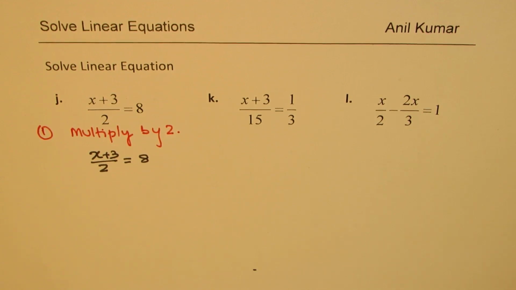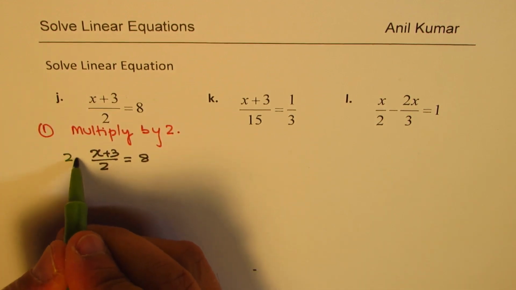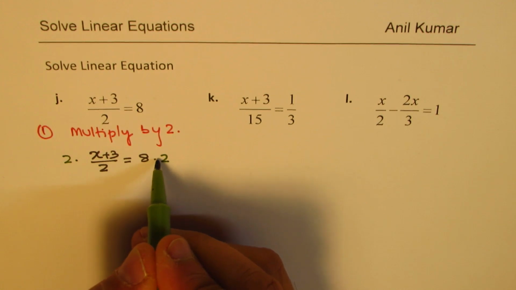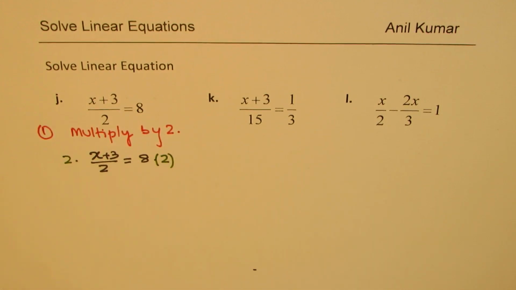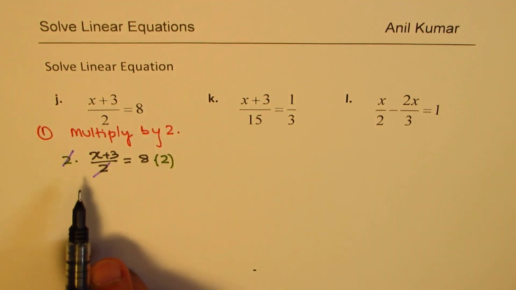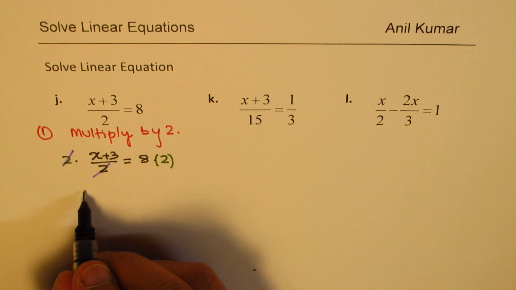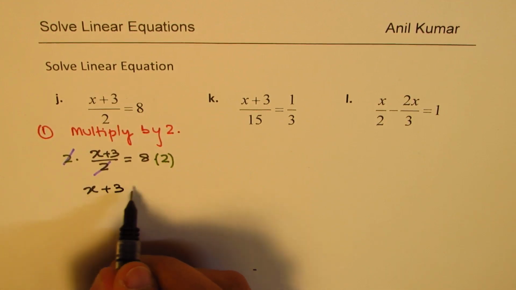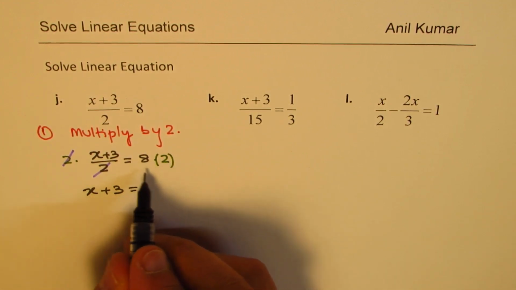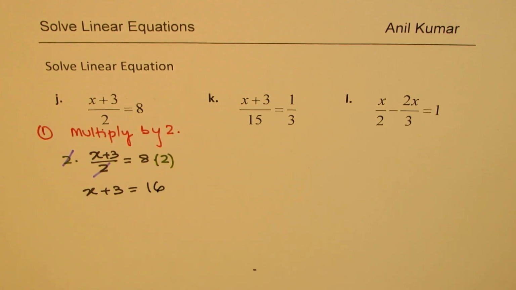We will multiply both sides by 2, so that division is actually multiplication. When you do that, this 2 and 2 cancel. So we got rid of the fraction. What remains is x plus 3 equals 2 times 8, which is 16.